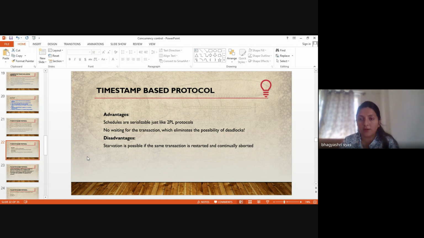Deadlock means what? Can anybody tell me the meaning of deadlock in DBMS? Or in simple English, it is a deadlock for us, right?